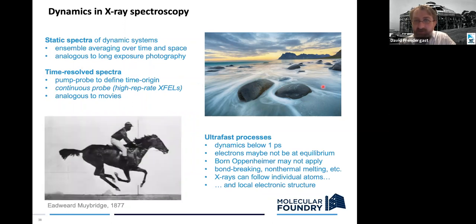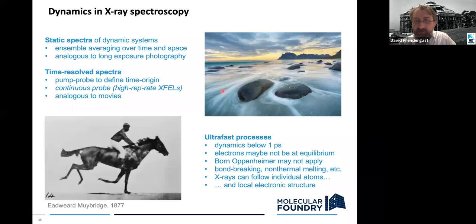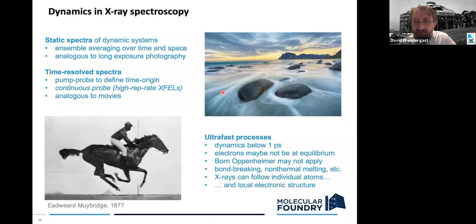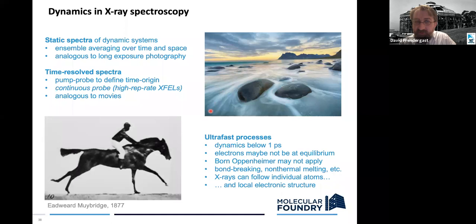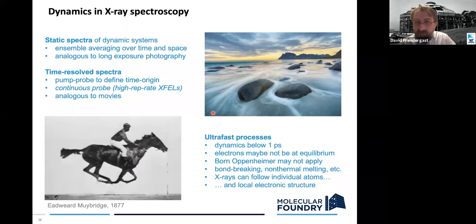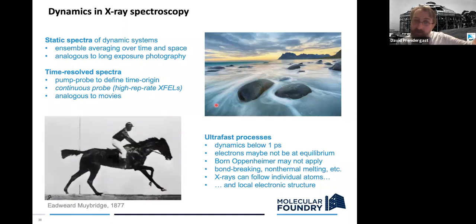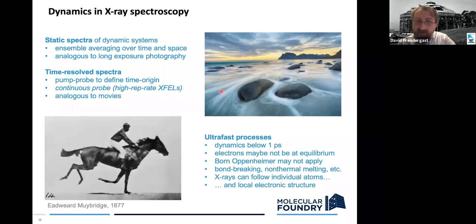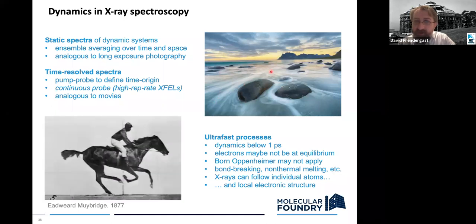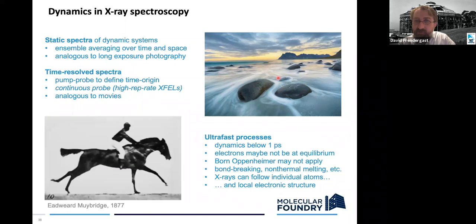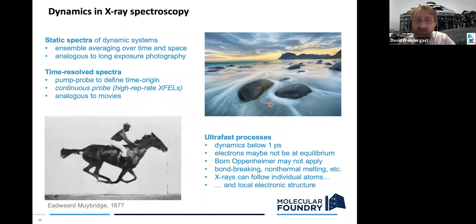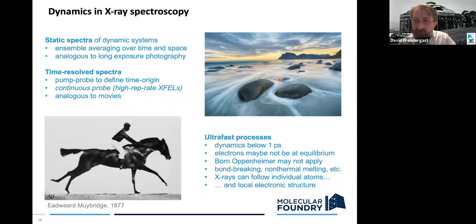You might see beautiful images like this where the image itself is obviously static, but it implies that there's motion because you've basically left the camera open for a long time, and it has these kind of ghostly images of what might have been happening over time as the water here moves over these rocks. And so that's what normal static X-ray spectroscopy is doing.